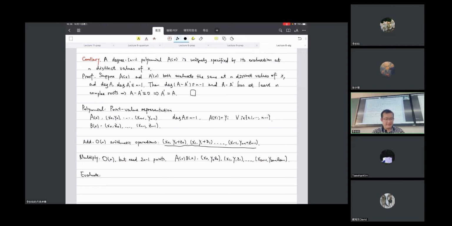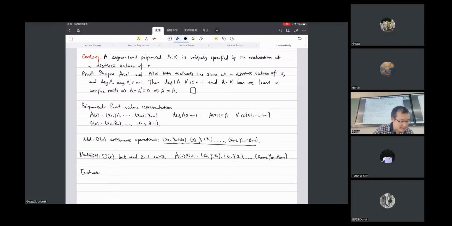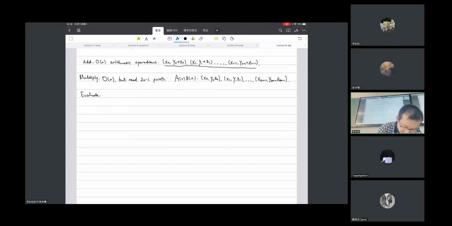Maybe you want to think about, if you have this kind of point value representation, what are you going to do to recover another value of A(x)? Here, maybe we can consider a form like this: A(x) equals the summation from k equals 0 to n minus 1 of the value yk times this.